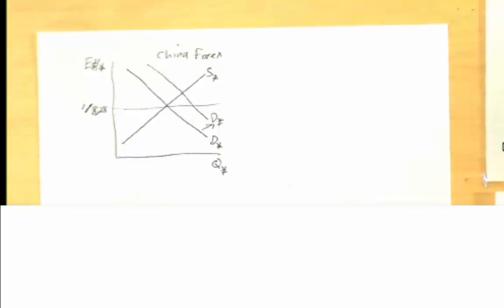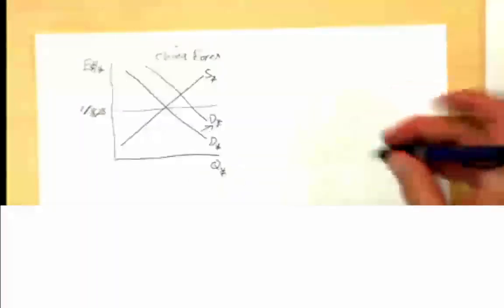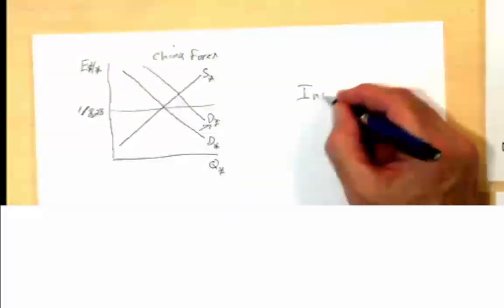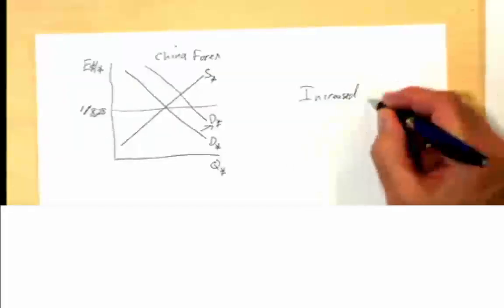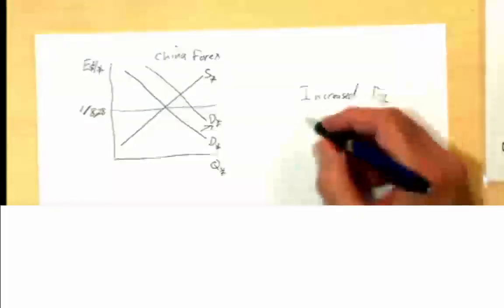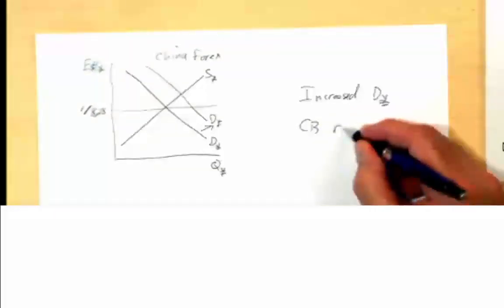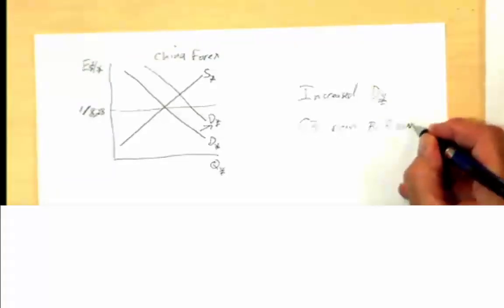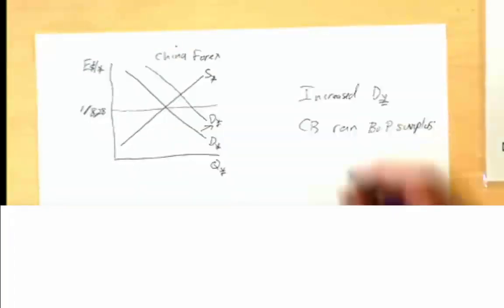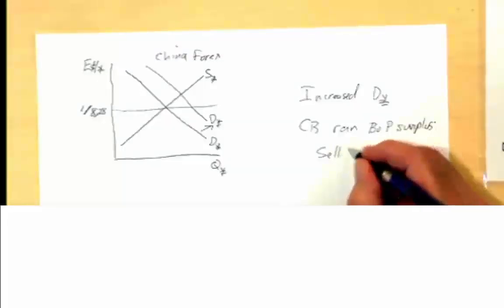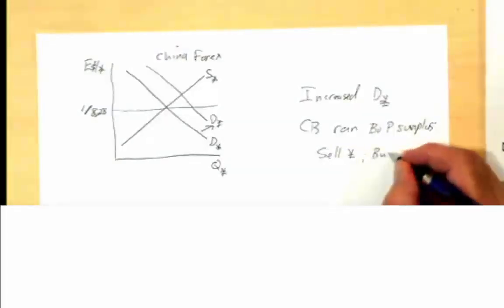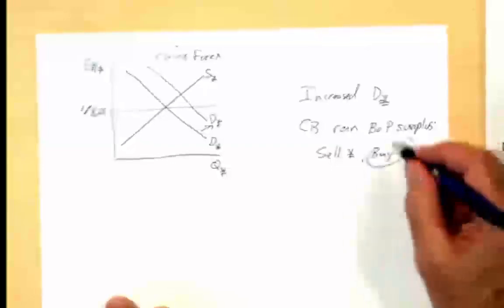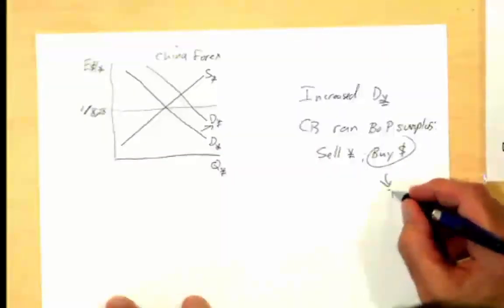But instead of allowing that to happen, China was trying to maintain the fixity of their exchange rate. So what they did is, when there is an increased demand for yuan, the central bank ran balance of payments surpluses. And what that means is that they sell yuan and they buy up dollars. The buying of dollars means they increase reserves.